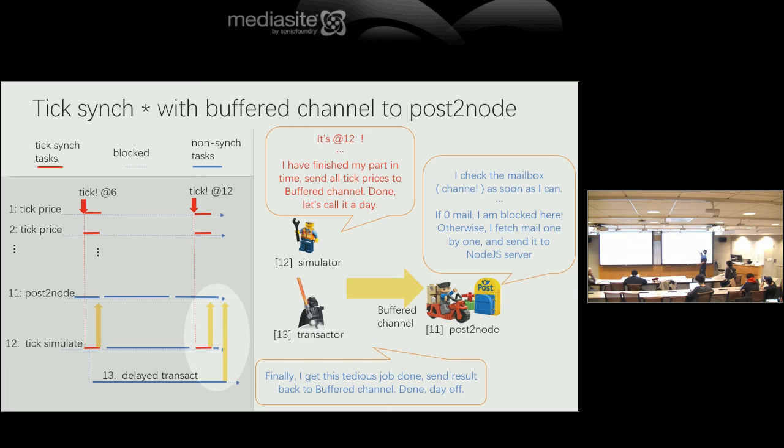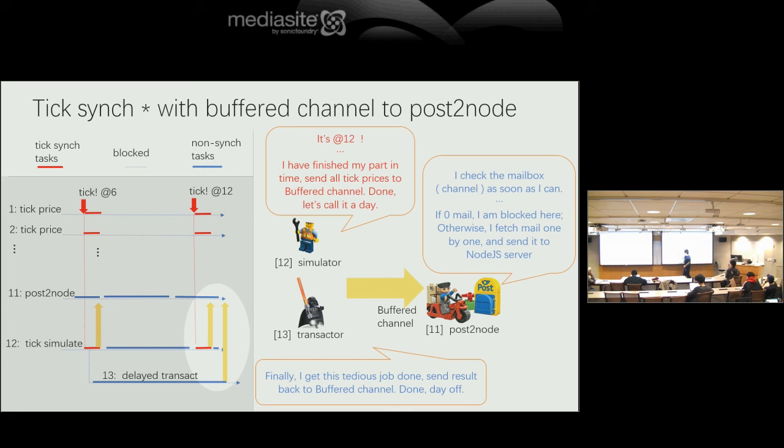I have finished my part and sent all the prices to the buffer channel, and my job is done. He calls it a day. For the transactor routine, finally he finished his tedious job and sends the result back. He also sends it to the buffer routine.